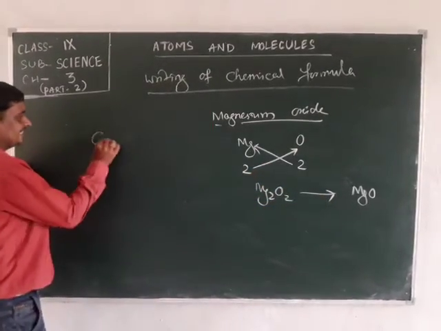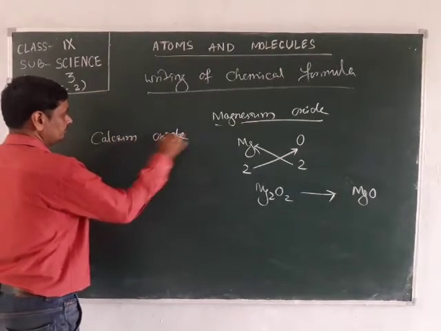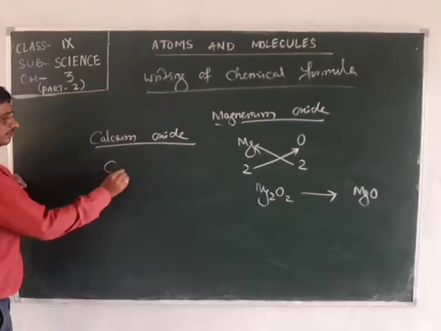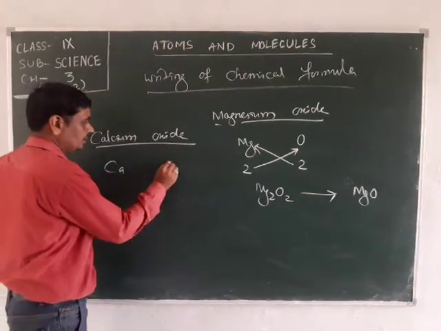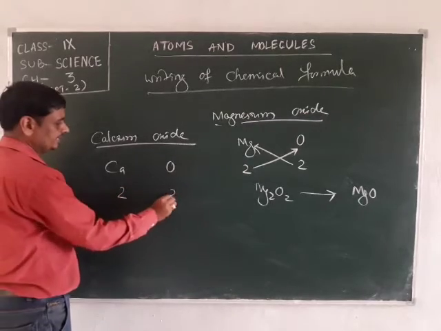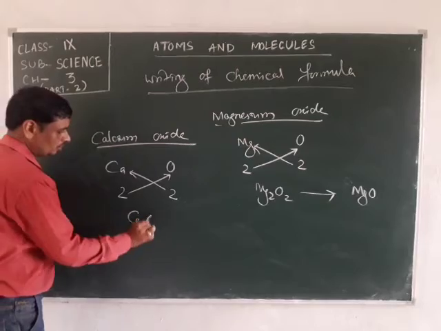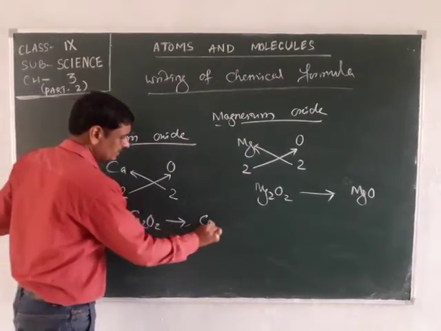Similarly, for calcium oxide, calcium Ca and oxygen O, valency of calcium is 2 and valency of oxygen is 2. By crossing, it becomes Ca2O2, which gives CaO.